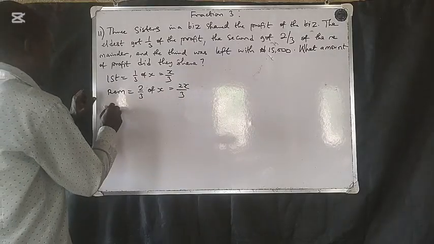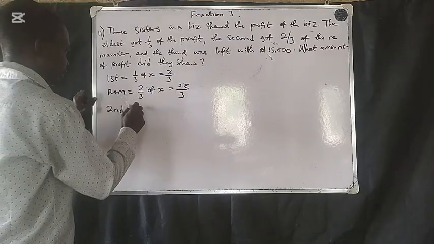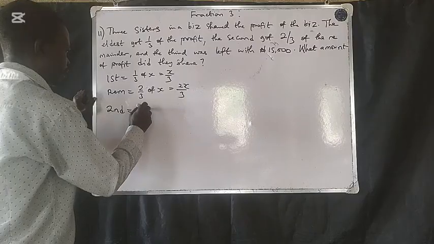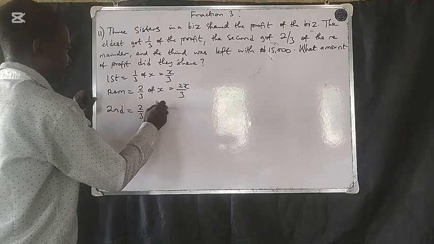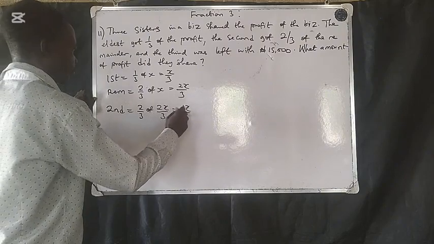The second person, we have done the remainder. The second person got 2/3 of this one, which will give us 4X/3.